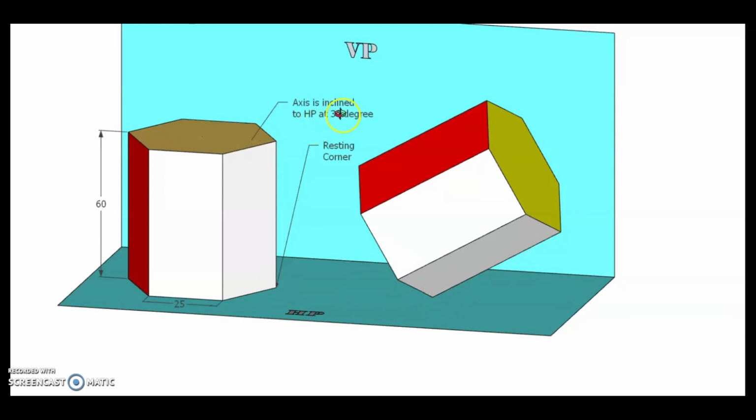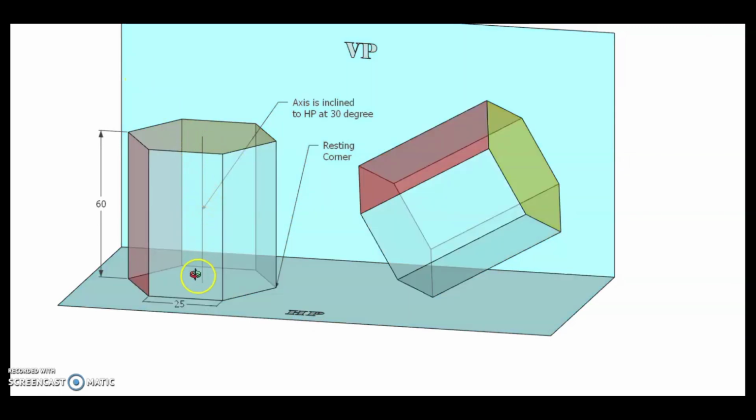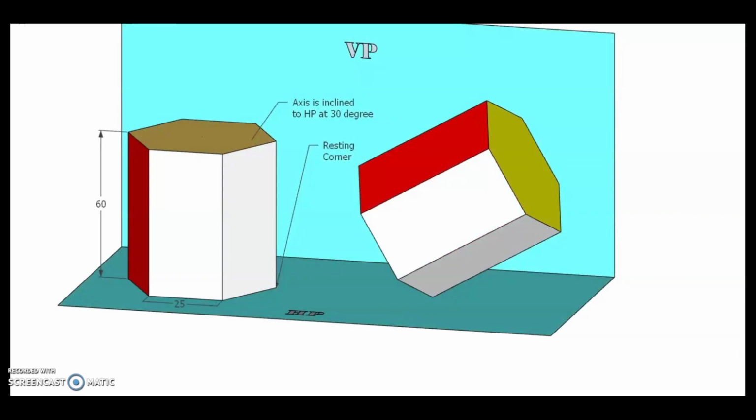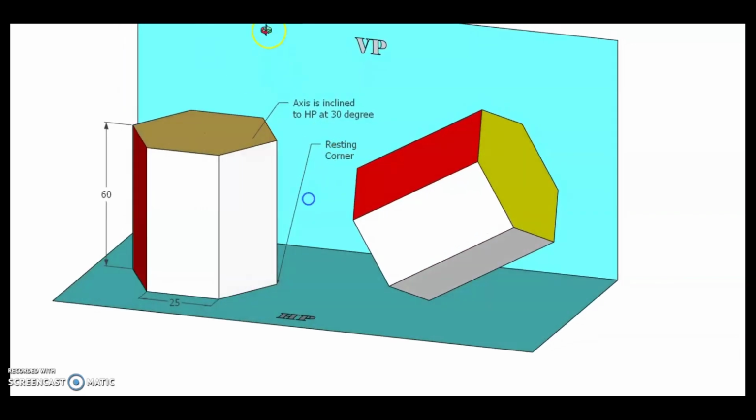This is the base corner on which it will rest in the finally inclined condition, and the axis is inclined to HP at a given angle, here 30 degrees. So this is the axis which we have to incline to HP at the given angle.